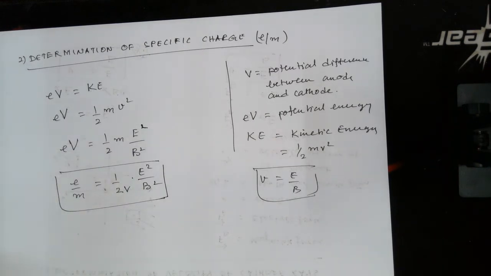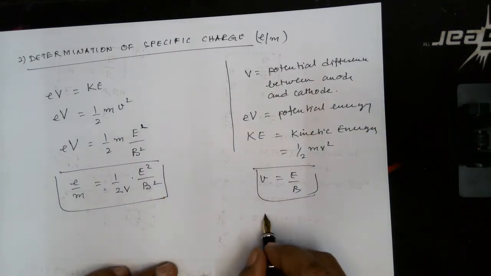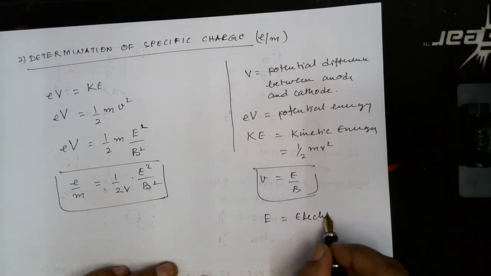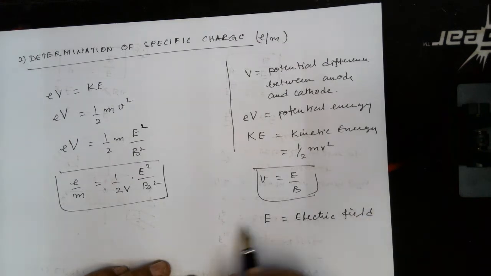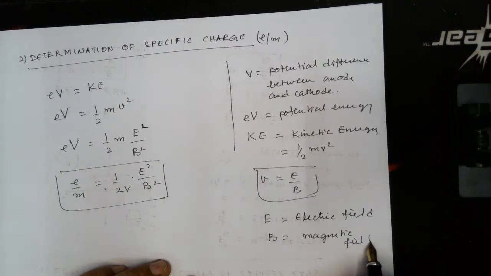By substituting the values of E, E stands for electric field. After all, it is an applied electric field, we know the value. And B is also the applied magnetic field, we know the experimental value. And V is also the applied voltage. So all these values are known.